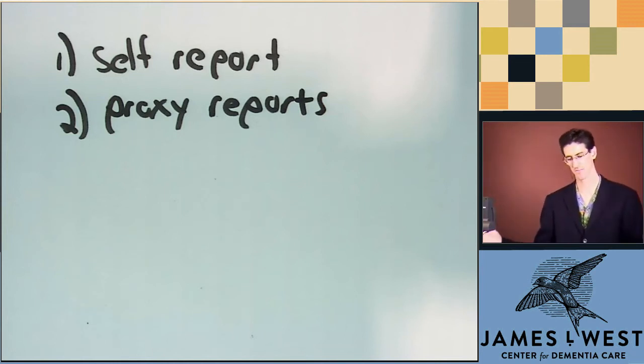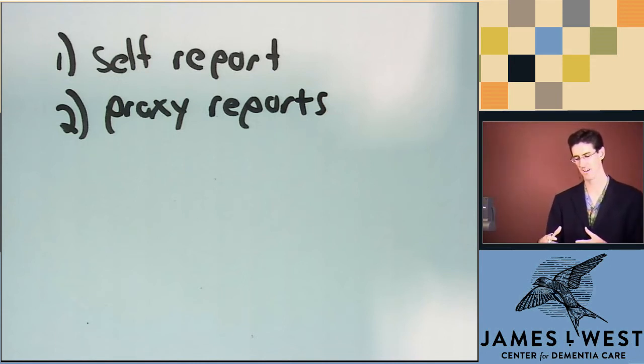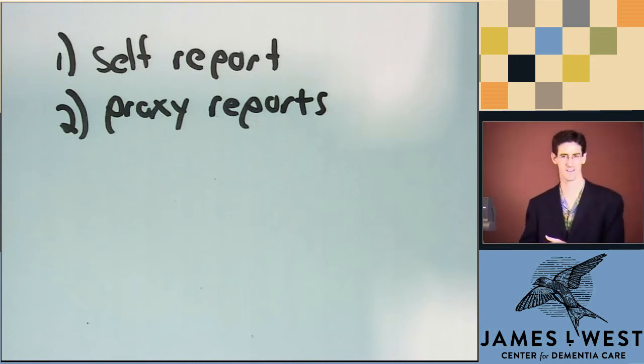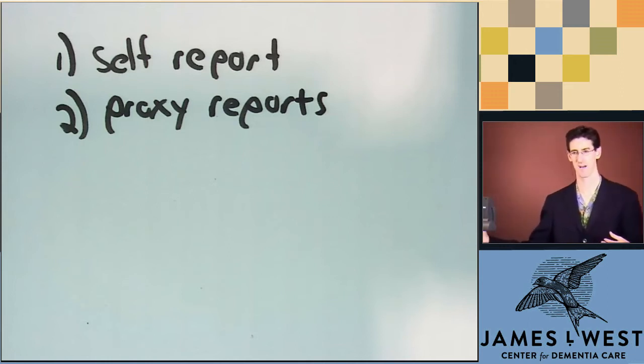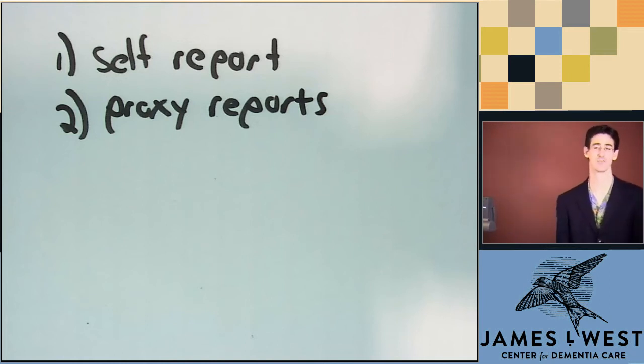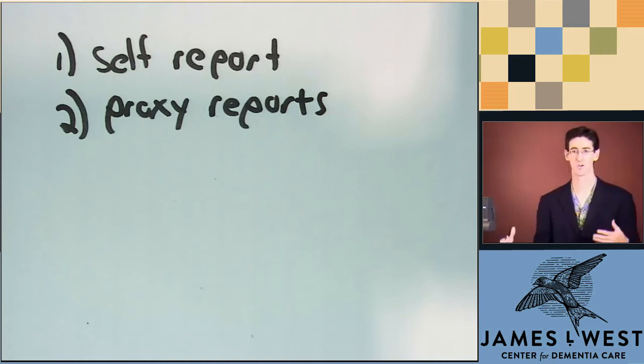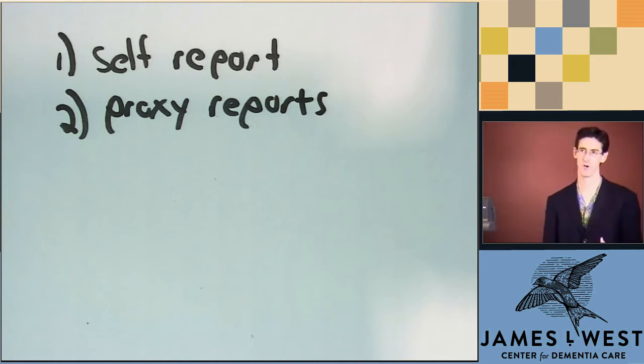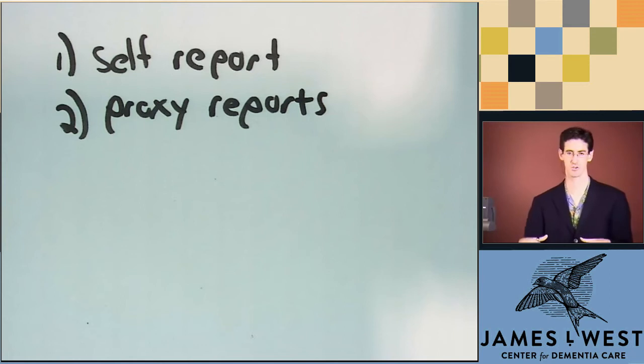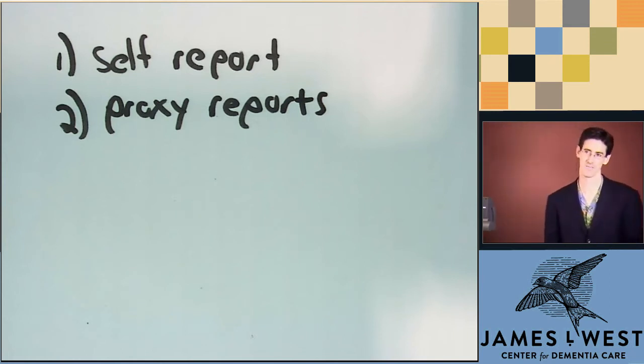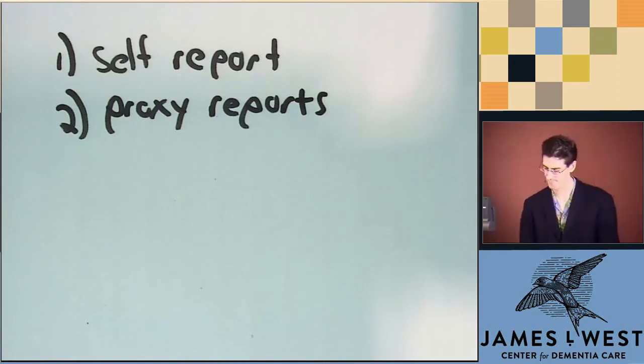Because of caregiver burden issues, where the caregiver develops a depressive state, they might over-report the true disability of the client. Perhaps the client really can dress himself, or he can cook a meal, who knows what it is, but because the daughter or the son or whoever the caregiver is is doing so much, we'll get these comments of, I have to do it all. So proxy reports are one way.